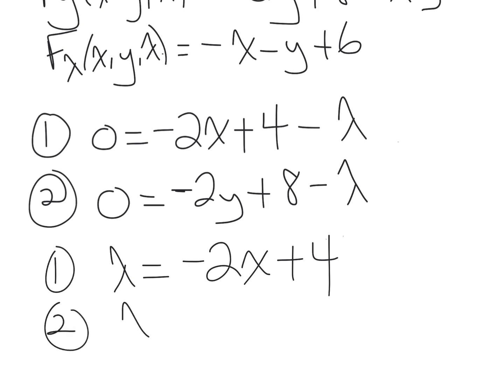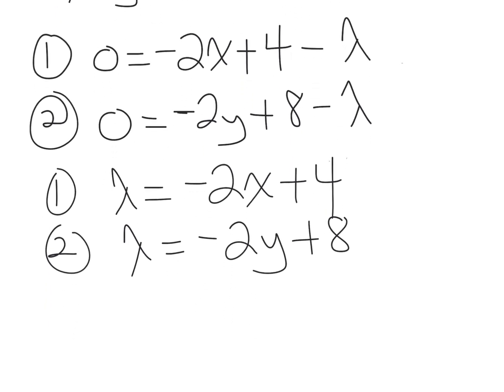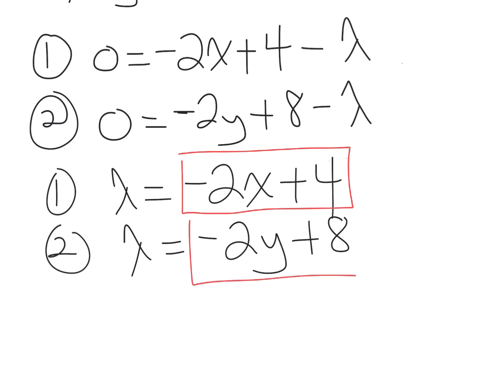And two, I'm going to add lambda to both sides. Okay? So what I have is 2 terms that are equal to lambda and another 2 terms that are equal to lambda. If they are both equal to lambda, they must be equal to each other.